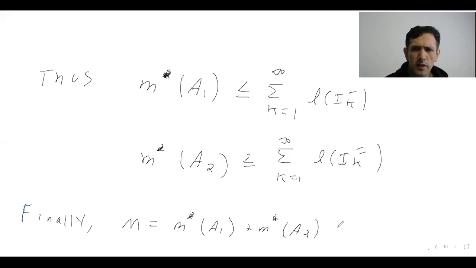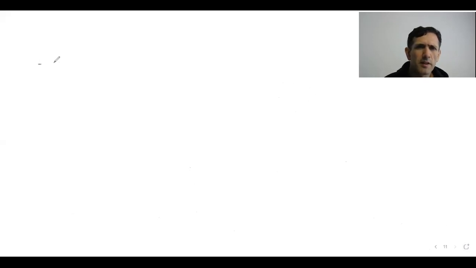So this here is less than or equal to, we'll just combine this together, the sum k equals 1 to infinity, ik prime, k equals 1 to infinity.